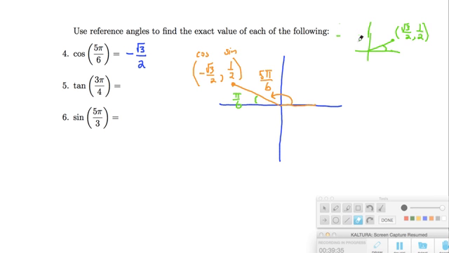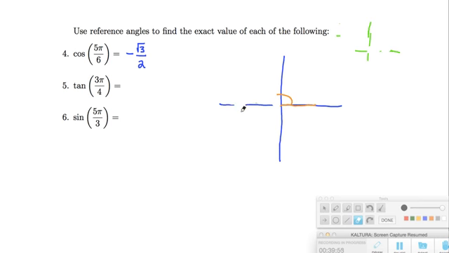Give me a minute to erase. Now remember that 1 pi is a half rotation.